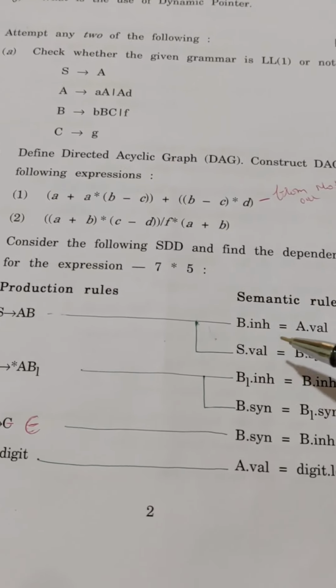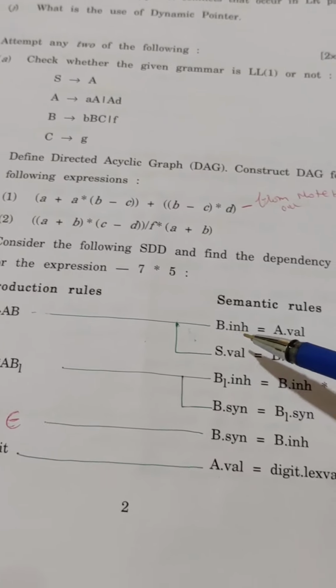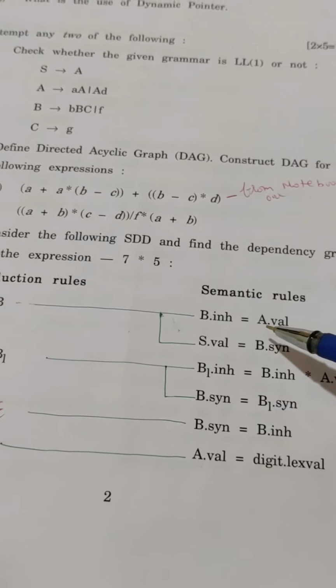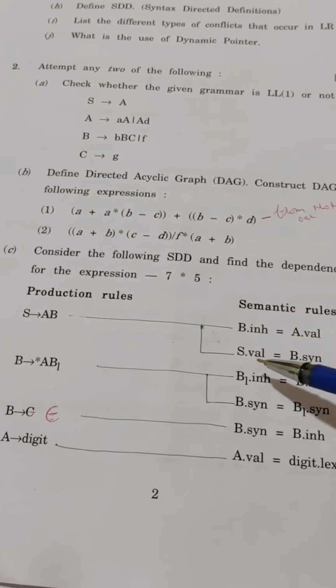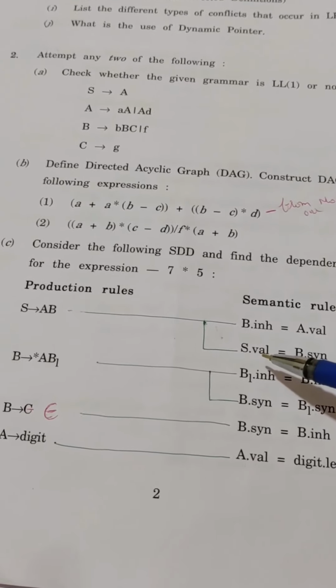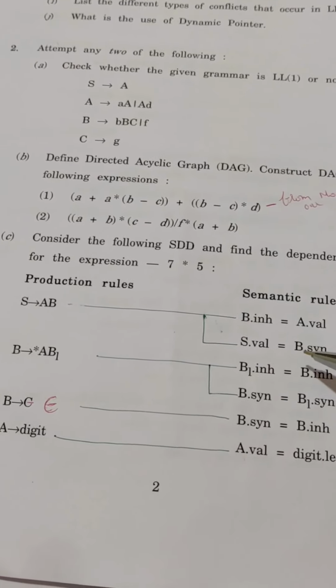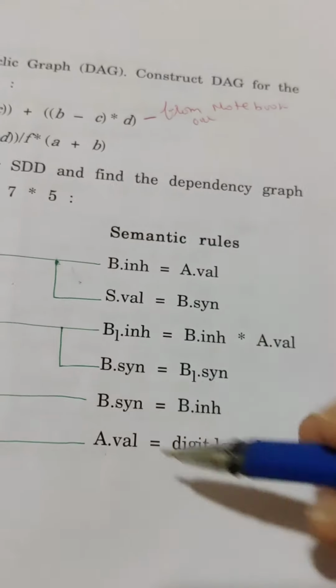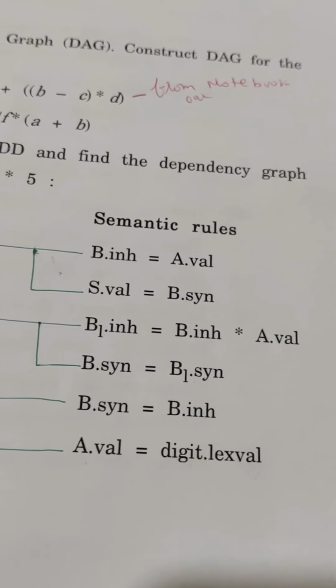Similarly, here B has an inherited attribute whose value is obtained from its sibling A, and S has a synthesized attribute val, which gets its value from its child node B. If you don't understand synthesized and inherited attributes fully, that's fine.